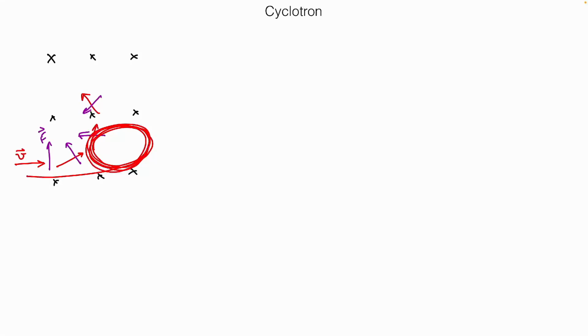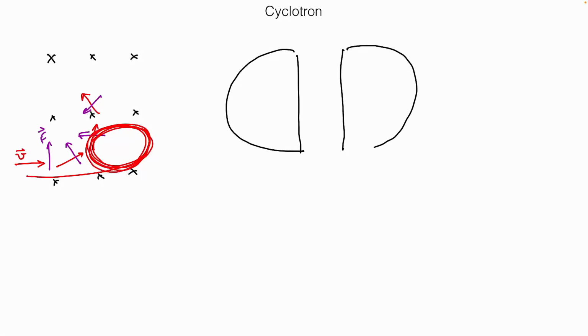We can take advantage of that circulation in a cyclotron with these D-shaped magnetic fields. So if we get some magnetic fields in our Ds like this, right? And then we put an electric field in the gap between the Ds.